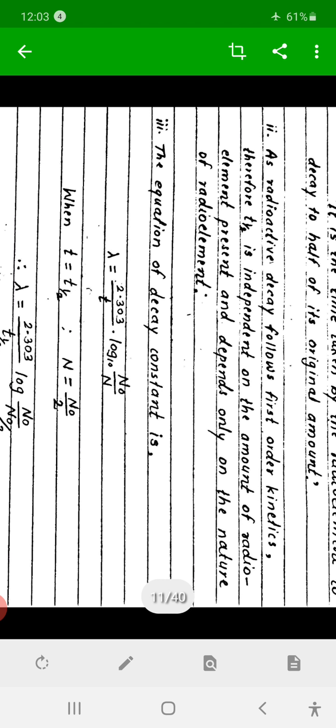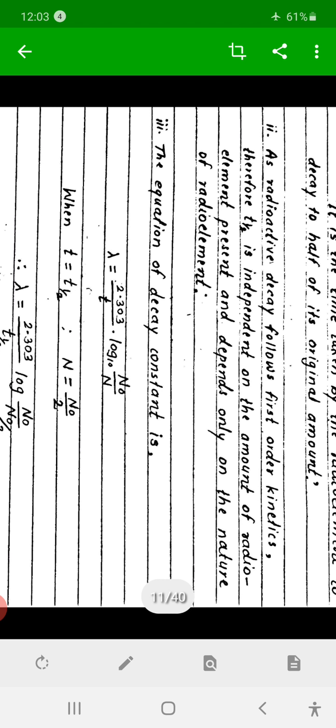Then, as radioactive decay follows first order kinetics, T half is independent of the amount of radioactive element present. T half does not depend on how much of the element is present.